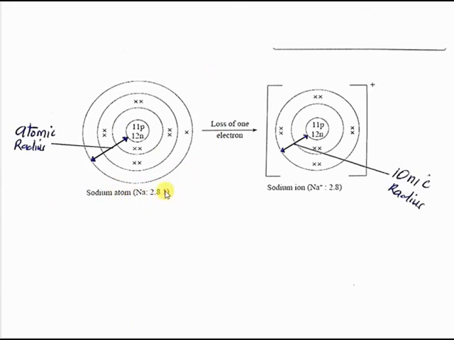This outermost electron is lost because it requires a lot of energy to gain 7 to become stable, to have an electron configuration of 2.8.8. But it is easier for it to lose 1 to become stable. Therefore, it loses 1 electron to become positively charged. So the charge here is positive and the electron configuration is 2.8.